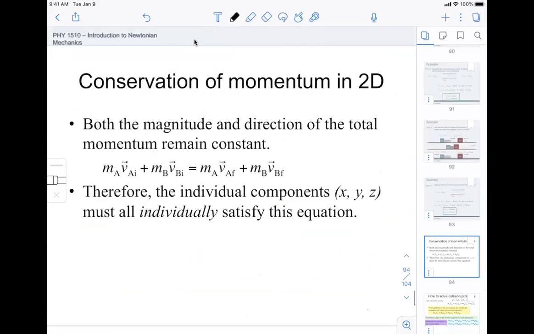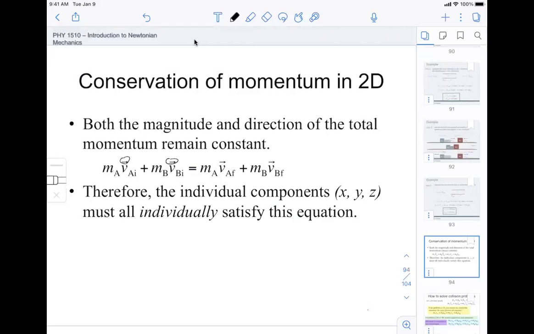So far you have already seen how we apply conservation of momentum. Sometimes collisions happen in 2 different directions, not just 1 direction. But the process is exactly the same. Momentum still remains constant, because it's a vector in 2 dimensions, just like it was in 1 dimension.